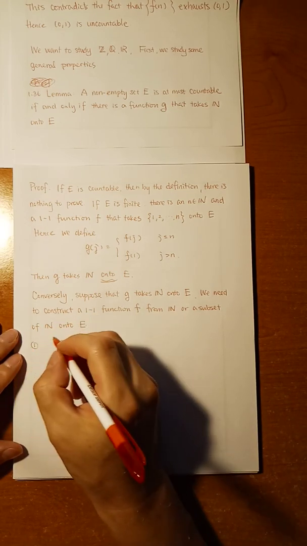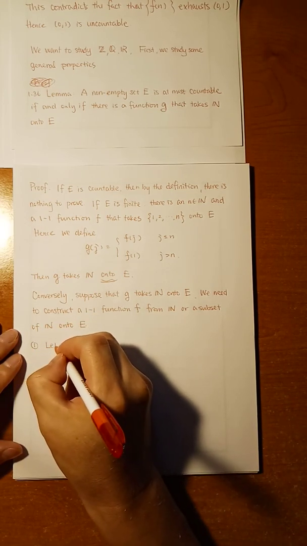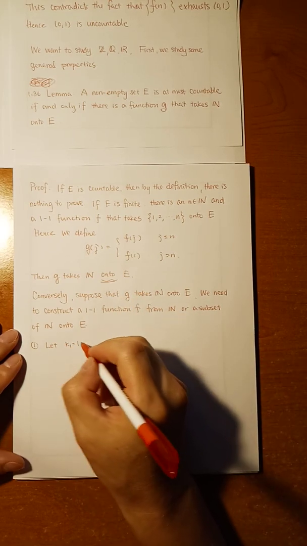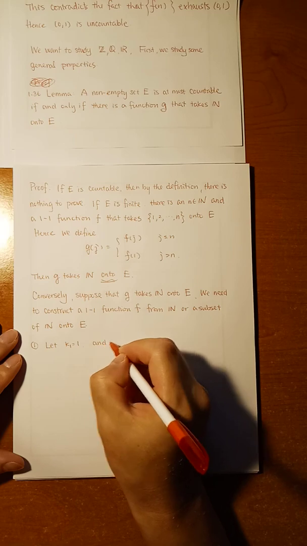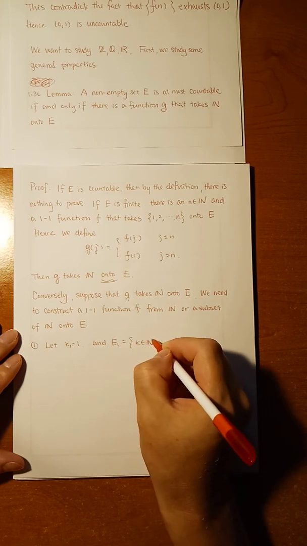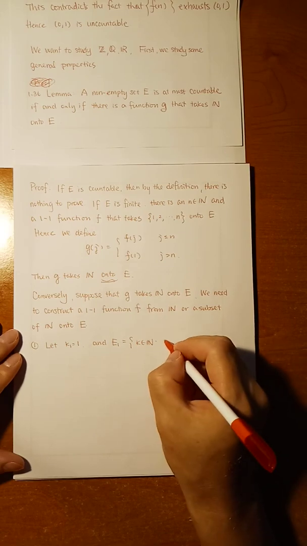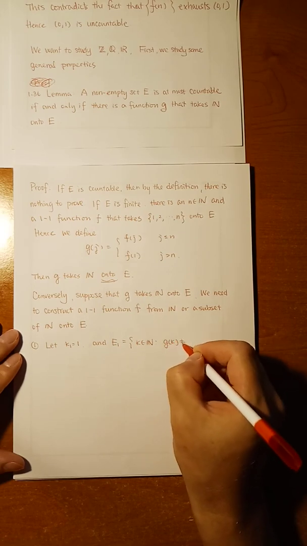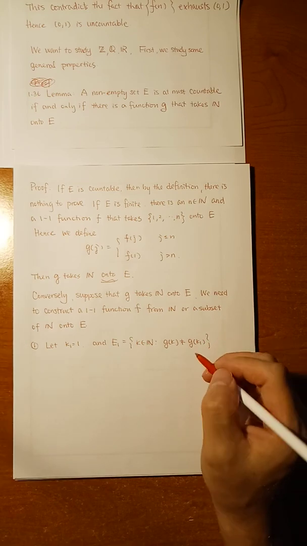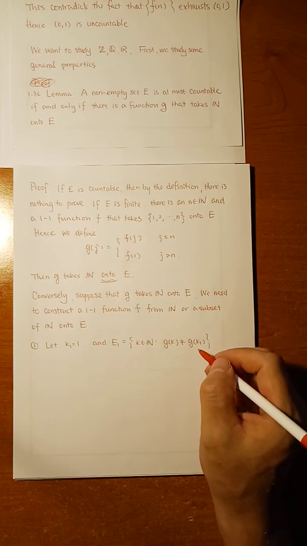Step 1. Let k1 be 1, the initial point. And E1 is the set of natural numbers k so that g of k is not equal to g of k1.